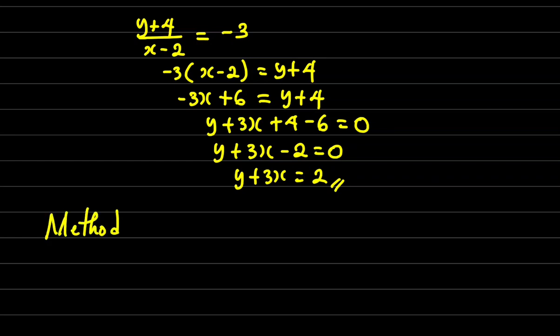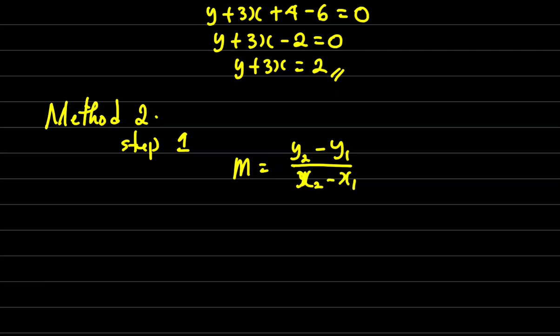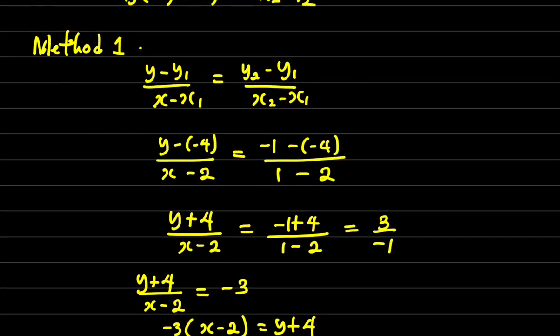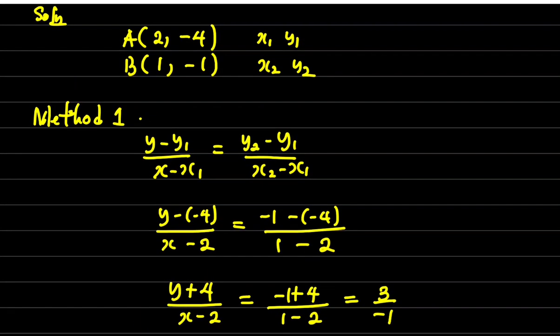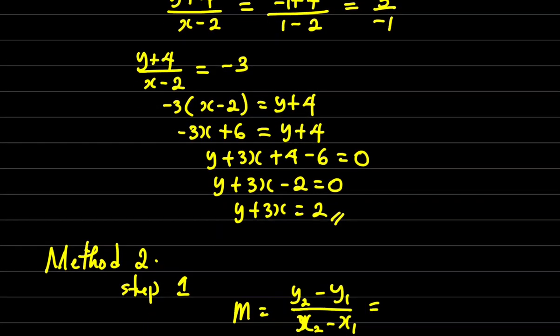Method 2 basically is to find the gradient. Step 1, find the gradient. So how do we get the gradient? Let's say the gradient is m. Gradient is the change in y over the change in x, so we have (y2 - y1) over (x2 - x1).